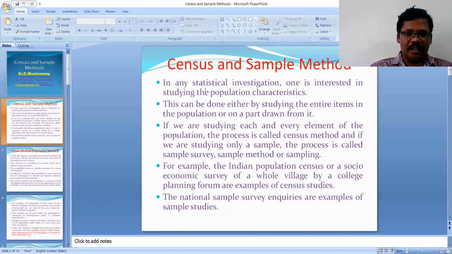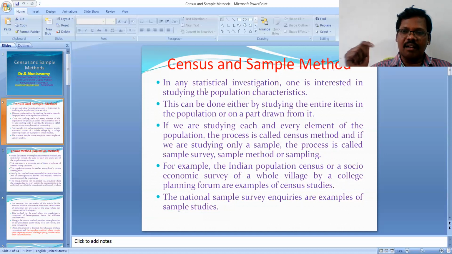This can be done either by studying the entire items in the population or on a part drawn from it. When we want to know the characteristics of the total population, we can take the information from all the people who are directly or indirectly involved in these activities.